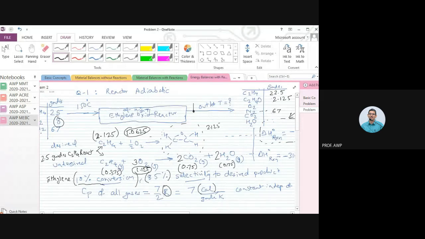So 8 minus 2 point whatever that number was, oxygen remaining is 5.8125. CO2 generated would be 0.75 gram moles. Water generated would be 0.75 gram moles. Like material balance, we have done long ago, and it's almost a decade since we have learned material balance.